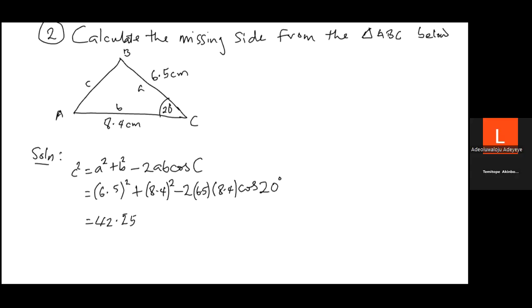Plus 8.4 squared, 70.56. Minus 2 times 6.5 times 8.4, 109.2, times cos 20.